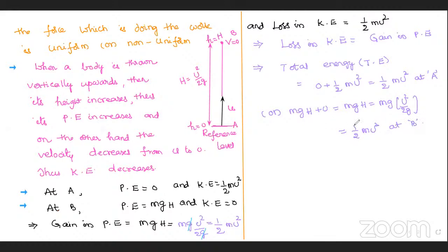Therefore, total energy is constant or variable? Is it constant or variable, Nana? Total energy. That implies we are going to conclude here: total energy is constant.